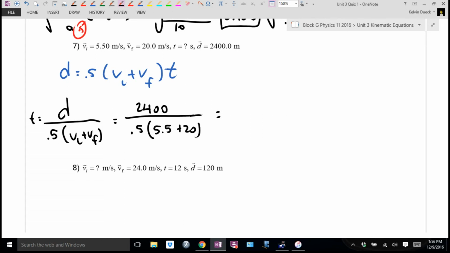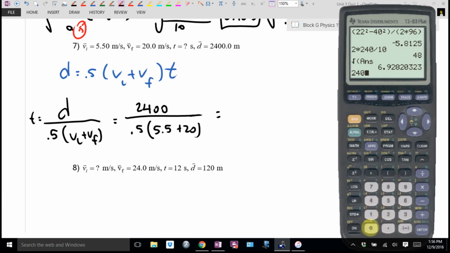Is there more than one thing on the bottom? In fact, not only am I going to need brackets around the bottom, I think my brackets are going to have brackets. It's going to look like this. 2400 divided by bracket 0.5 times bracket 5.5 plus 20. I got to close off the mini bracket and close off the bottom. Now, the other thing you could have done, in fact, this is what I would have done.